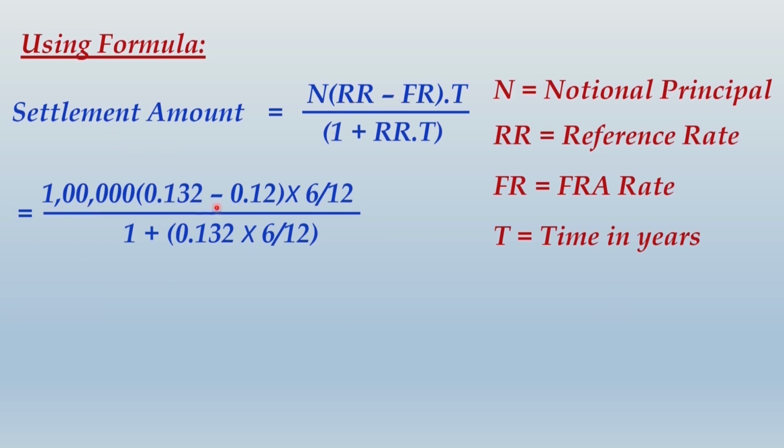RR is the reference rate. Reference rate is the actual rate that prevails when the period of borrowing begins. That was 13.2%. And FR stands for the FRA rate that you have agreed with the bank, that was 12% per annum. And this 6/12 is the time for your borrowing, right? 6 months, 6/12. Time will be expressed in years, that is why it is 6/12. And then 1 plus RR into T, 1 plus reference rate into time.